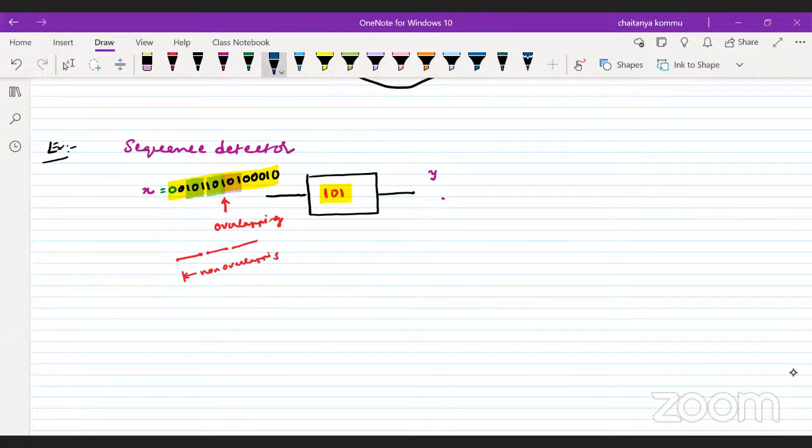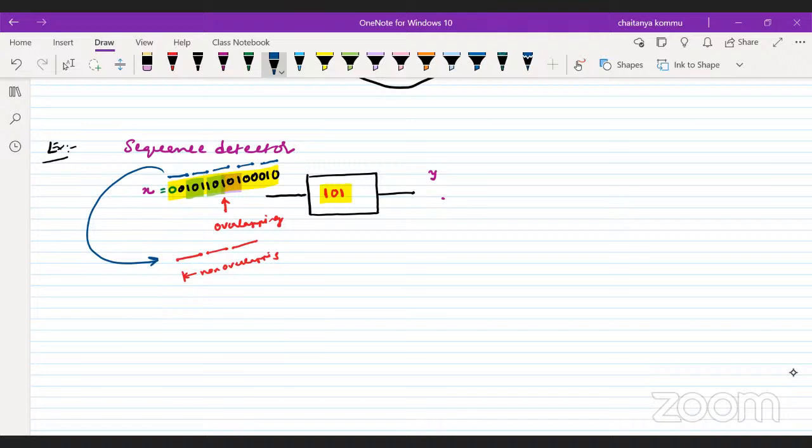If I consider the non-overlapping case, this is one sequence, 0 1 1 is the next sequence, 0 1 0 is the next, 1 0 0 is the next, and this is another sequence. But in most cases we would like to take the overlapping sequence rather than non-overlapping, so I am considering a better example here.